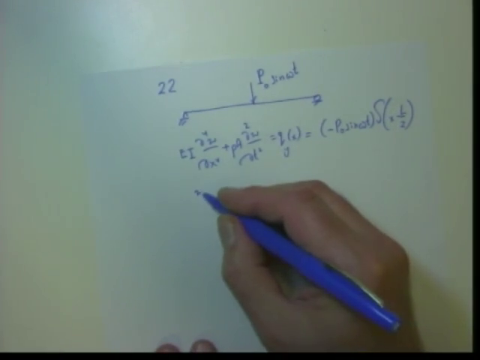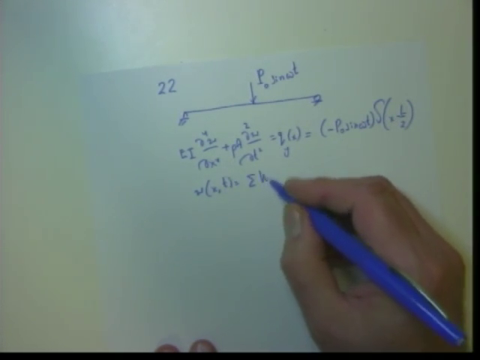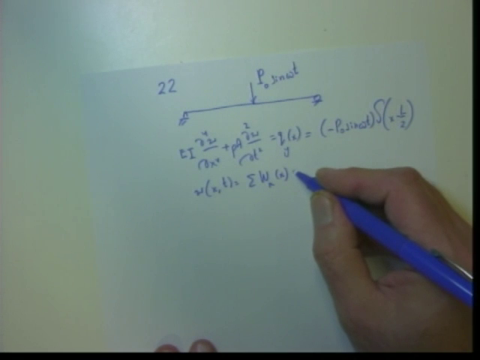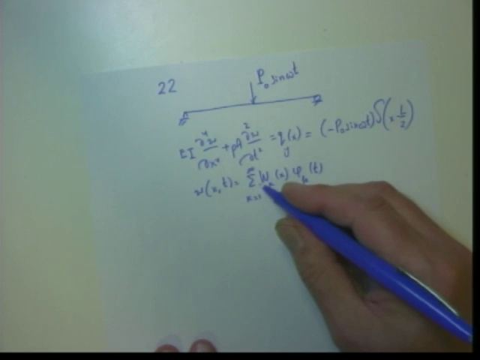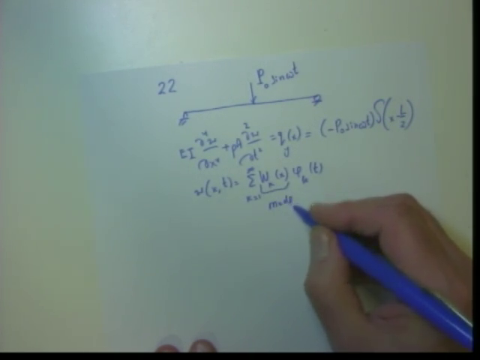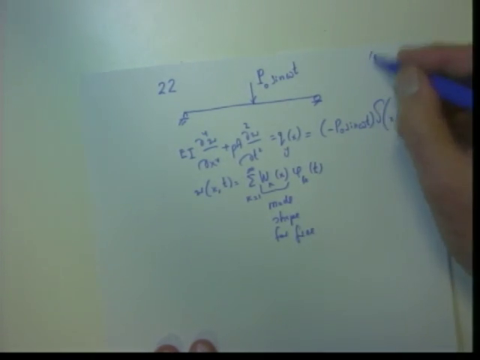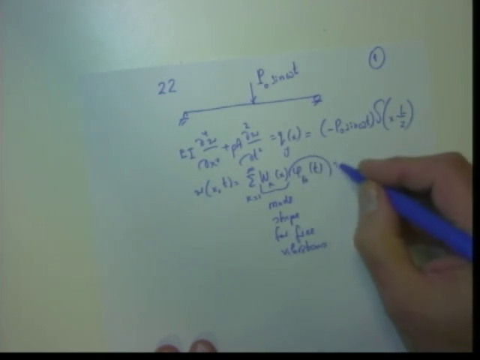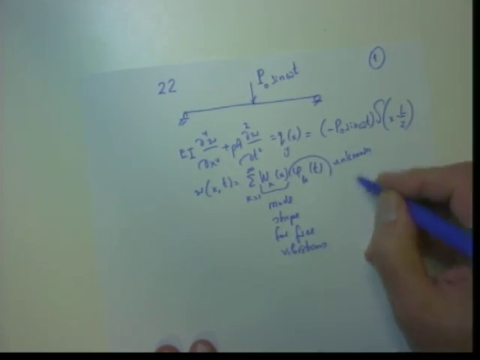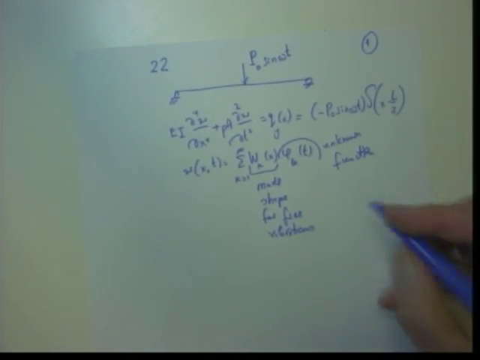Then we wrote w of x,t equals the sum of W_k of x times phi_k of t, k from 1 to infinity, where W_k is a mode shape for free vibrations, and phi_k is an unknown function, so that should be determined.